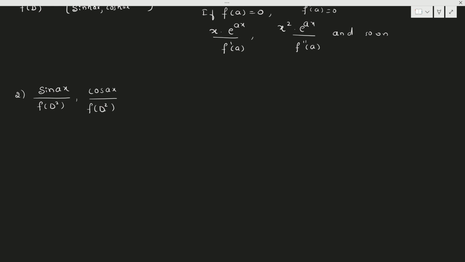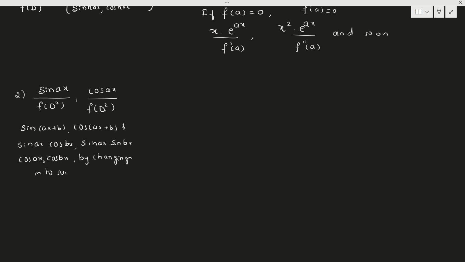It is applicable for ax, but instead of ax you may have sin ax plus b, cos ax plus b, sin ax cos bx, sin ax sin bx, or cos ax cos bx, which you may change into sums.